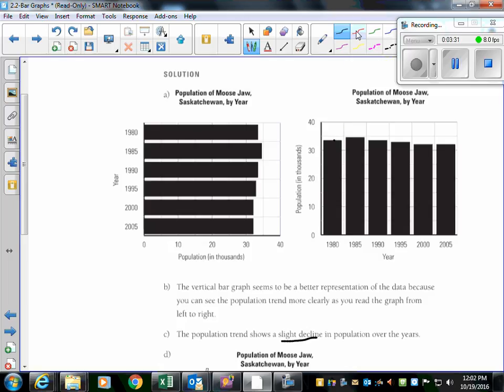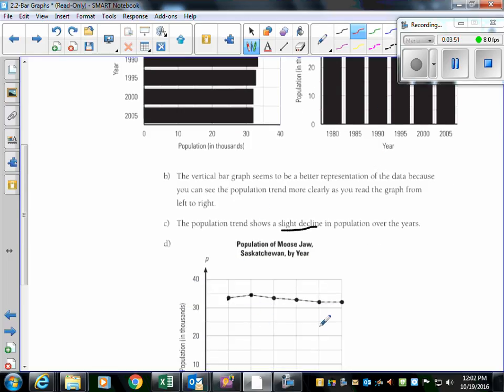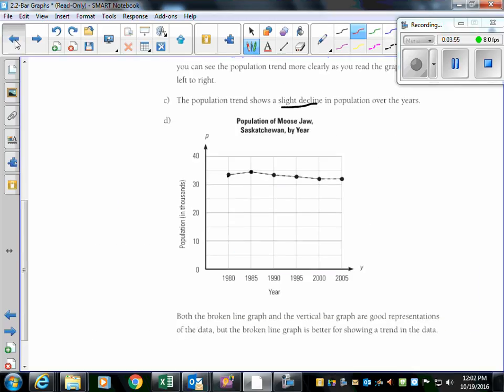I could draw the line graph right on the top here if I wanted the broken line graph. And it would look pretty much the same as a bar graph, but just with the lines. Sorry, I don't have a very nice straight ruler, but that's exactly what this thing is if I did dotted lines, right?